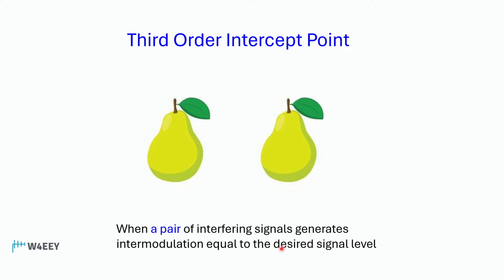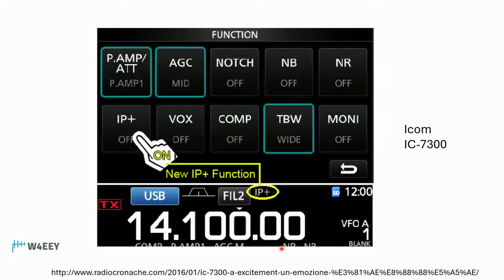For software-defined radios, we have to be concerned with overload, and one of the things they added in one of the iterations of the 7300 was something called the IP plus function. That's intercept point plus, which allowed the radio to work in the presence of stronger signals.